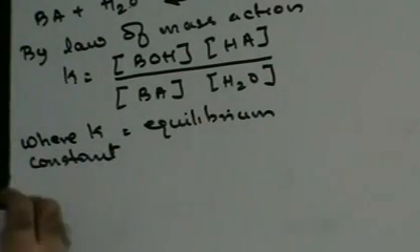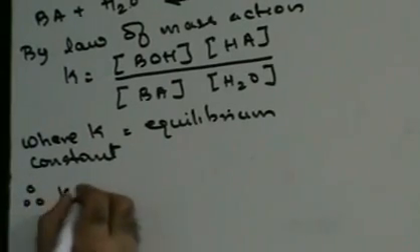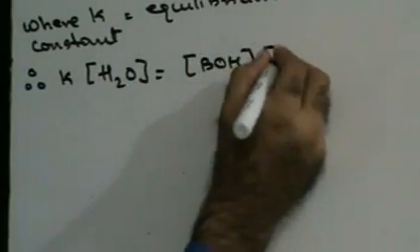Therefore K into H2O is going to be nothing but BOH into HA upon BA.